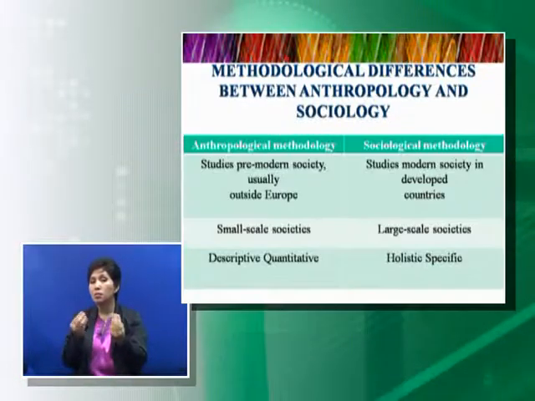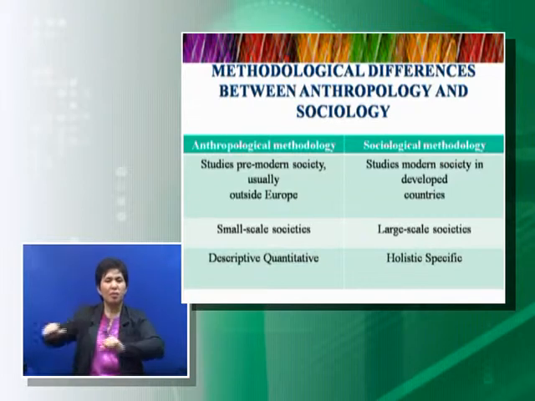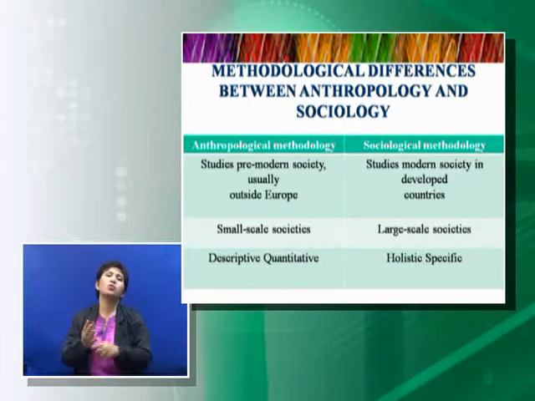Okay, the other one is that anthropological methodology is more holistic. In order to describe certain actions or behaviors among the society, it requires other knowledge as well. It is not fair to do a report based on just one observation. You have to see from other perspectives as well.